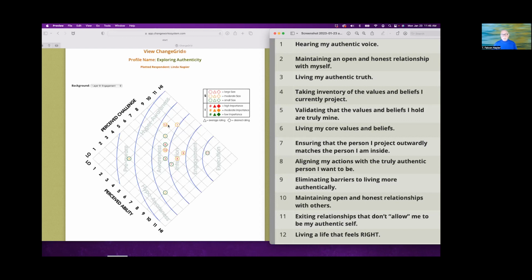So you're absolutely right that these are things that could very much be impacted by what's going on outside of Linda. So maybe living a life that feels right is an issue because something she heard long ago about what living a right life looked like and felt like wasn't accurate to begin with, or it was that person's idea of what a life that felt right to them would be.